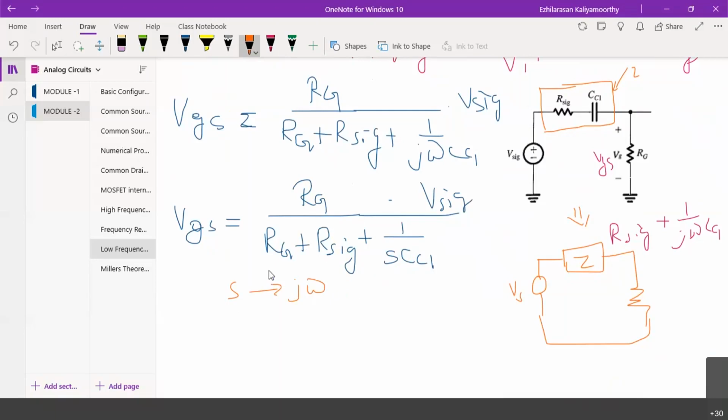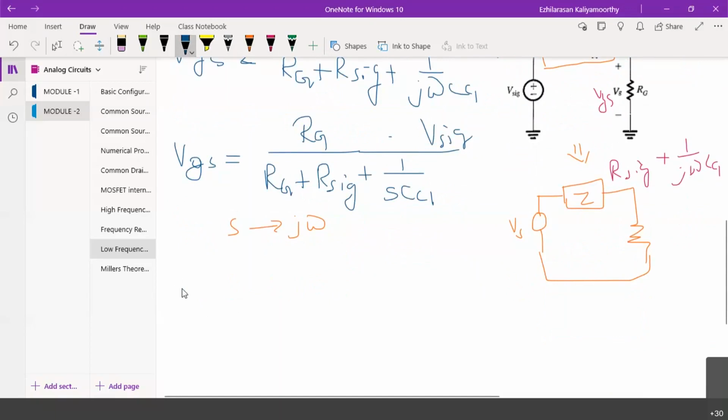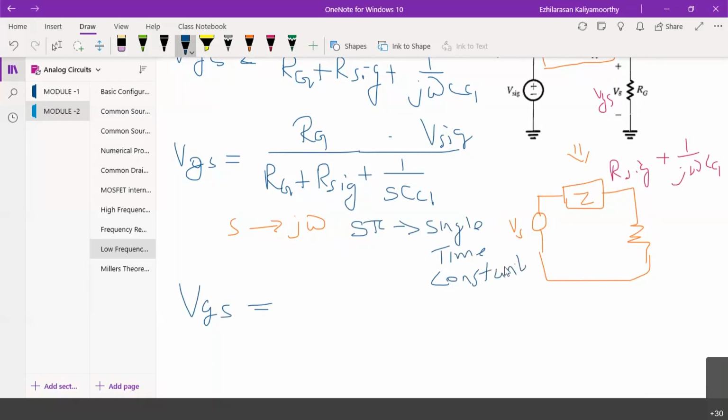Now from this expression you have to rearrange it so that it is in the form of an STC, that is, single time constant. Just modify this expression.